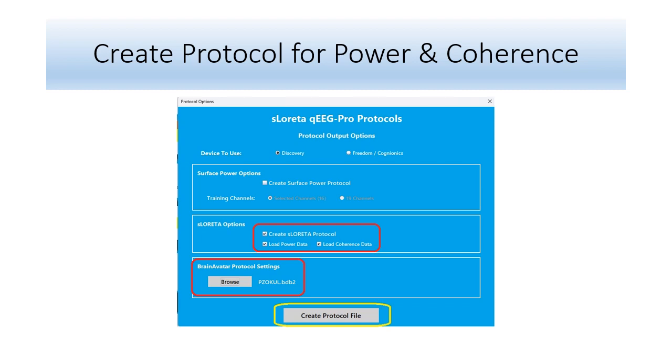I could add surface sites, but in this particular case, I chose to limit it to sLORETA protocols for power and coherence. I click Browse, and I choose the PZOKUL protocol that will train both power and coherence simultaneously. After that's chosen, I click Create Protocol File.